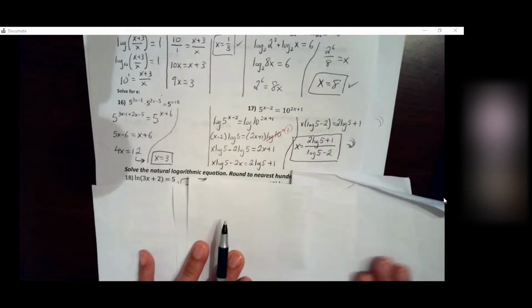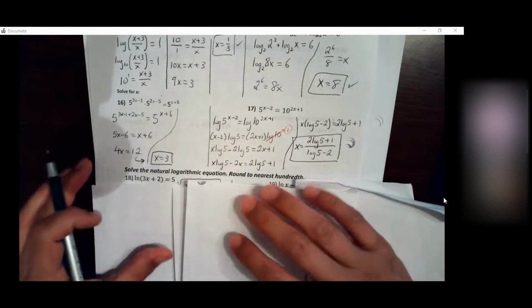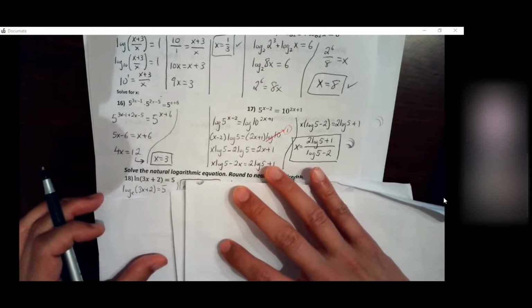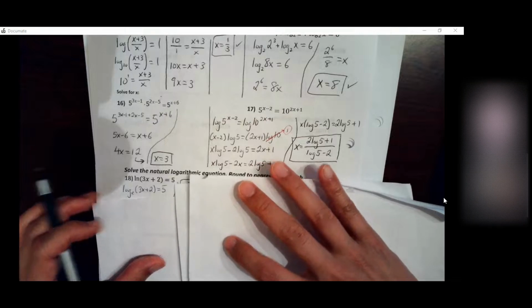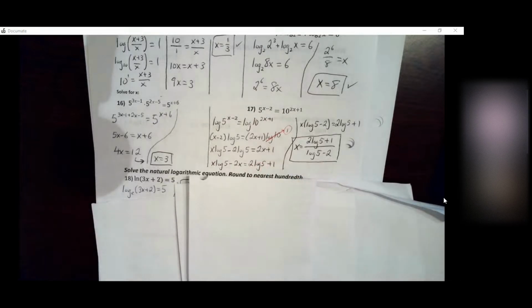Okay. So this is ln of 3x plus 2 equals 5. Where do we start? What's the base? Oh, right. So we can make the ln log base e, right? Yeah. Log base e of 3x plus 2 equals 5. Let's start with the base, though. What's the base?